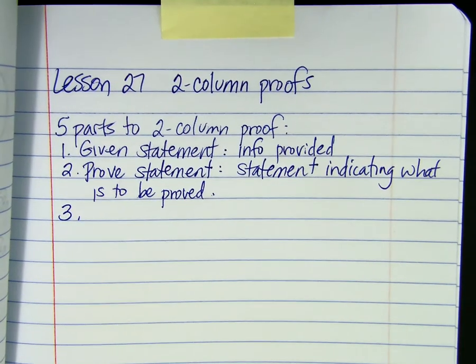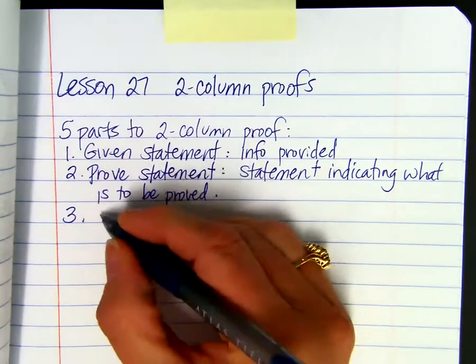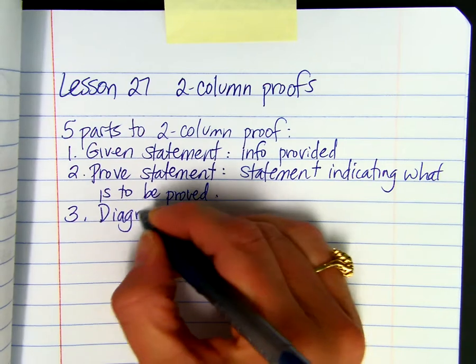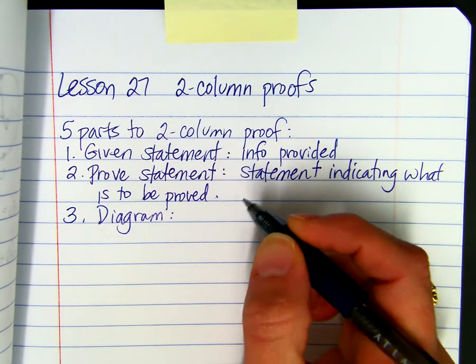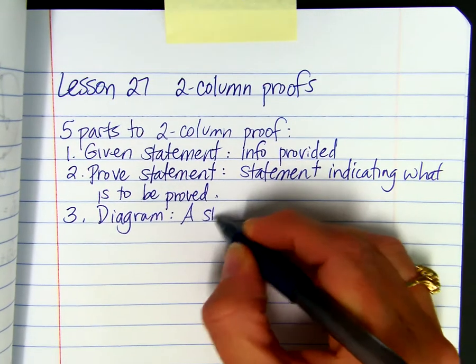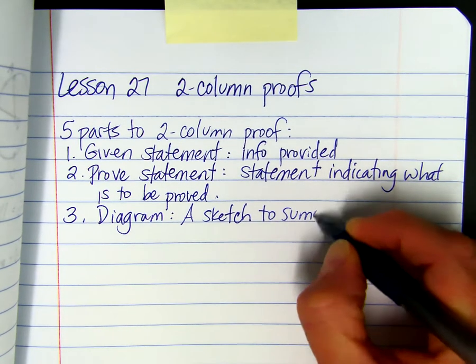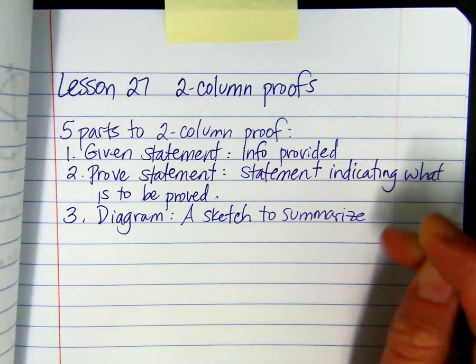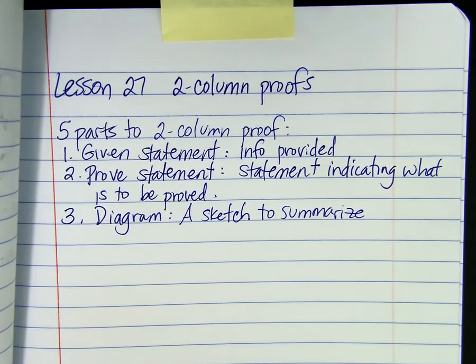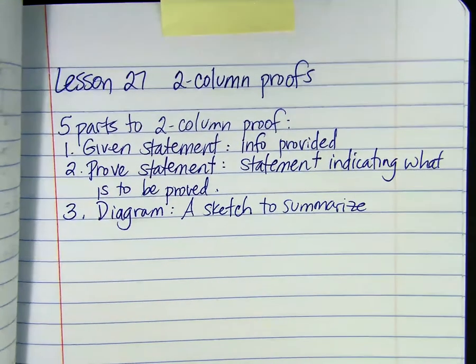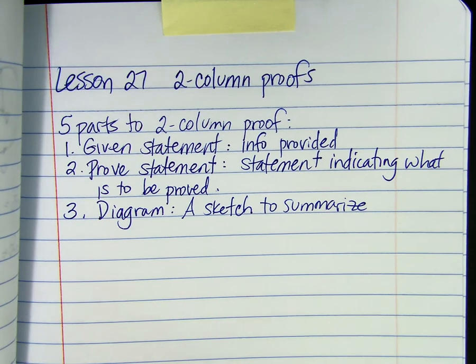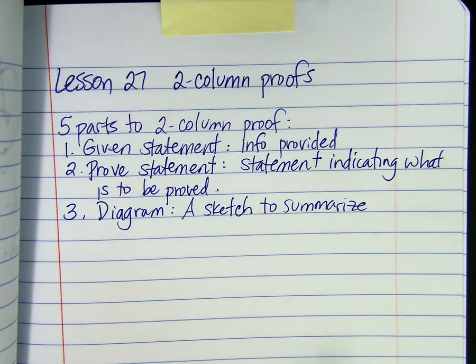Sometimes you'll have a diagram. Sometimes they will provide you a diagram, and that's usually some type of sketch to summarize the information. If in the diagram you're shown that parts are congruent or angle measures, that's all going to be part of the given.